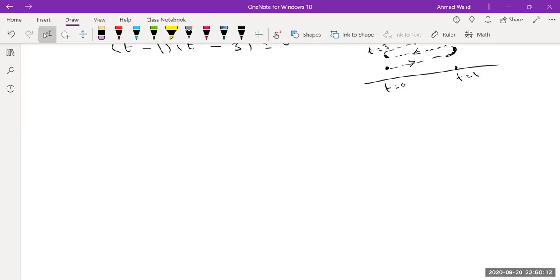Let's do one more part of that. For example, let's find the acceleration at time t. The velocity function was v(t) equals 3t squared minus 12t plus 9. To find the acceleration, I know acceleration equals dv over dt. It means take the derivative of this function.